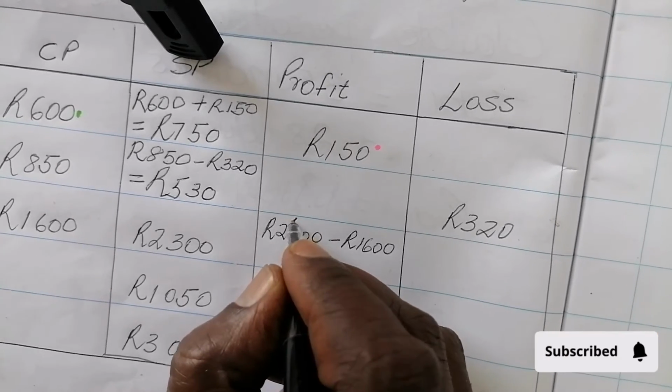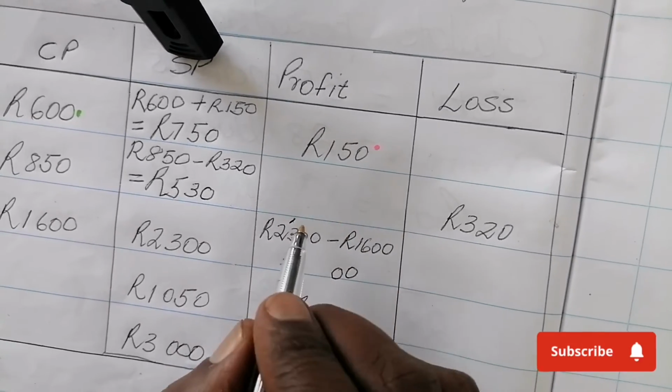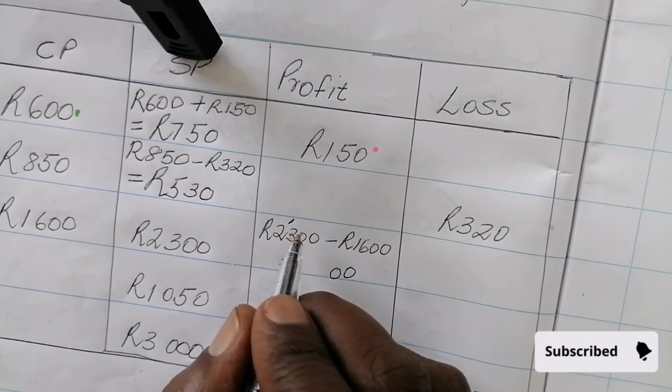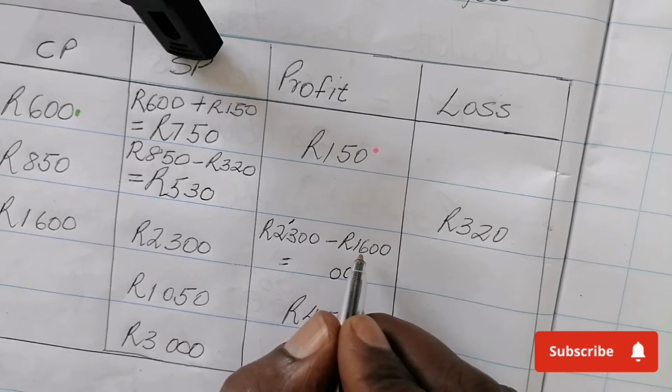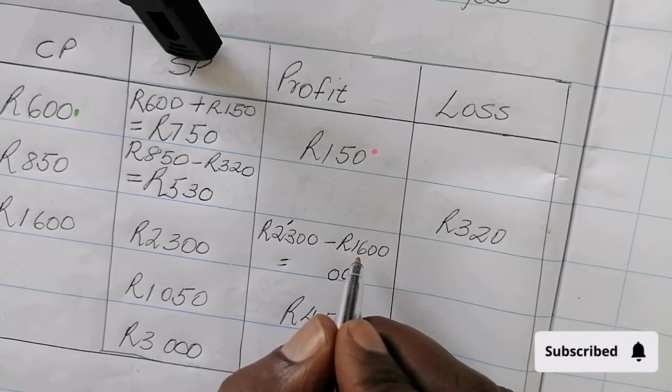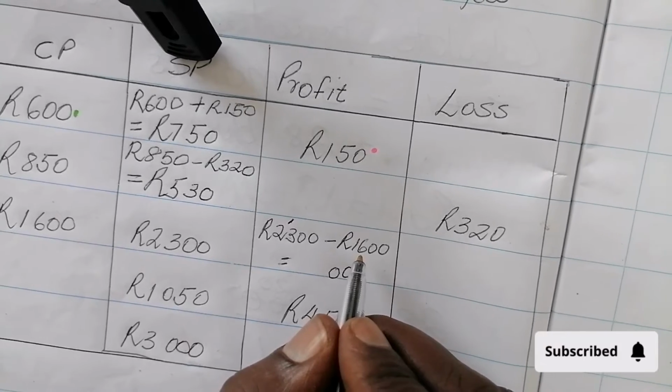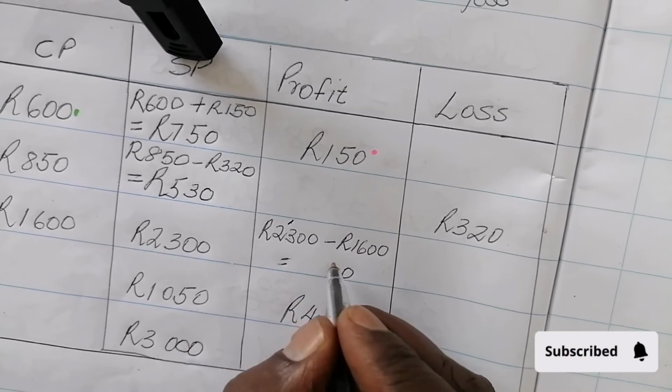We borrow a 10, and we've got 13 now. 13 take away 6. 13 minus 6 is equal to 7.